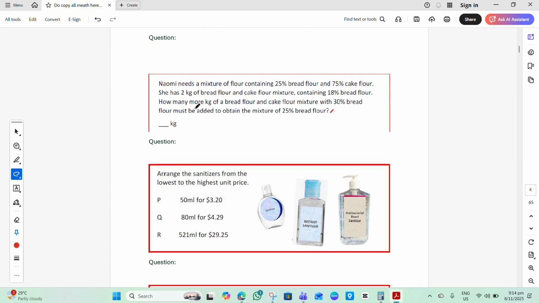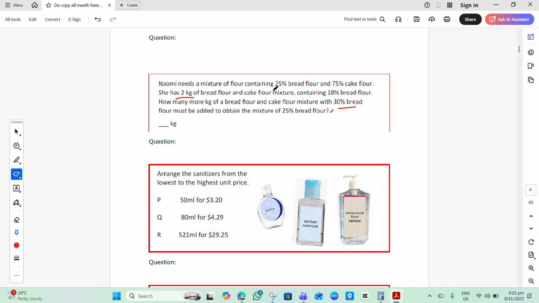So this question: we need a mixer flour containing 25% bread flour and 75% cake flour. She has 2 kg of bread flour and cake mixer flour containing 18% bread flour. How many more kg of bread flour and cake flour mixer with 30% bread flour must be added to obtain a mixer of 25%?